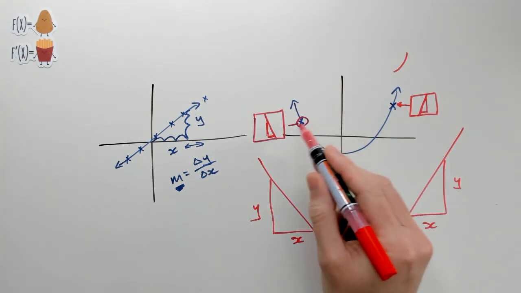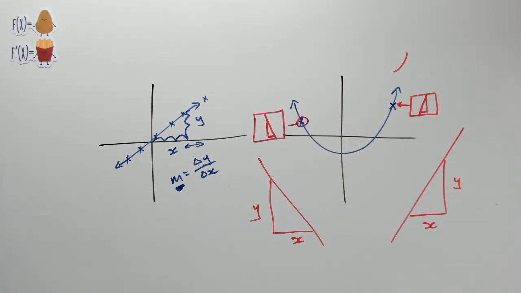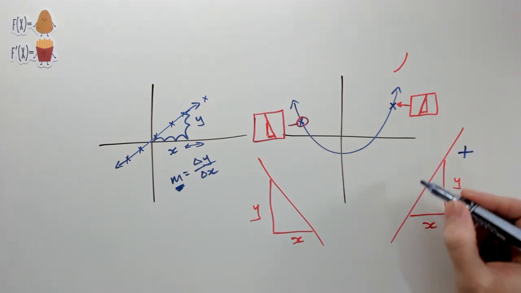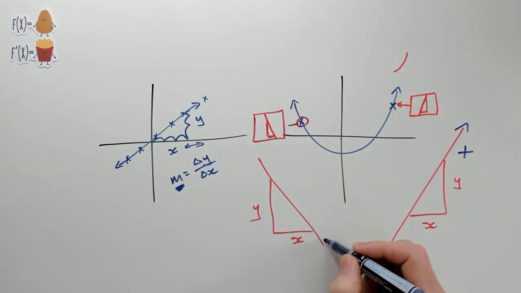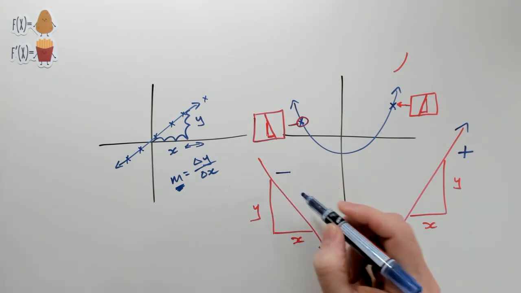Just with these two lines on the outskirts, I can already see one big difference. This is a positive gradient. It's going up, and you'd be happy if your marks went up like this, whereas this graph is going down. So this is a negative gradient.